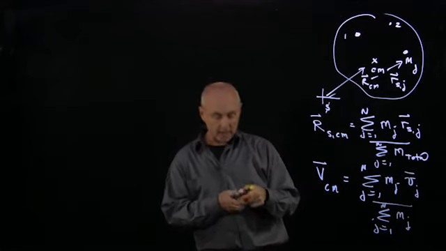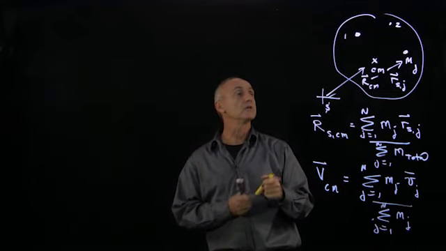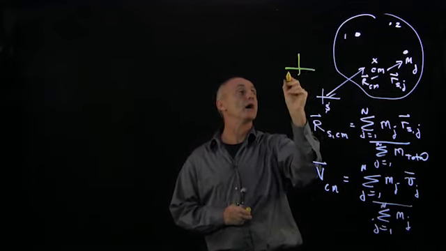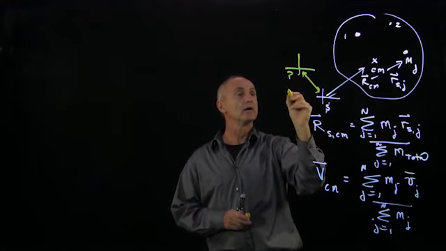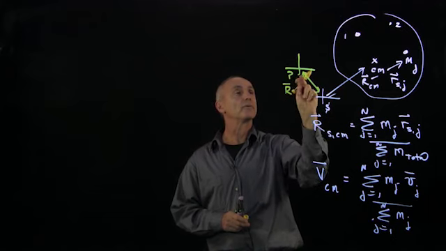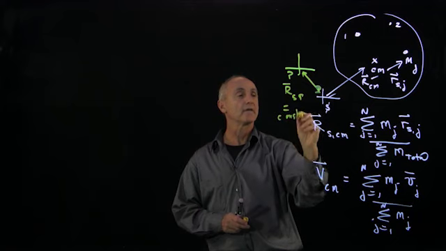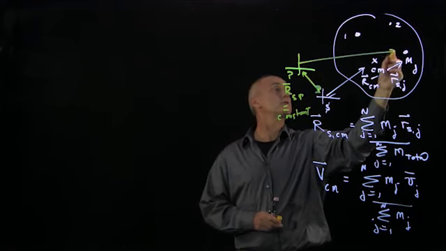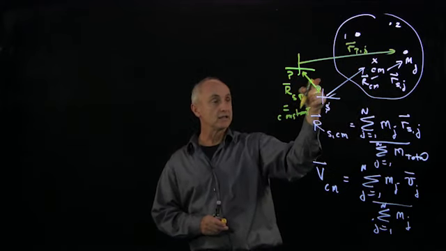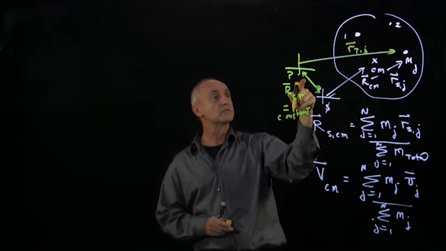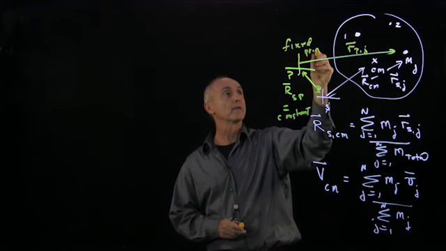Because if you have any two fixed points, so if I chose another fixed point, say over here, p, then this distance, we'll call a vector from s to p, r_sp, this is a constant. And if I draw the position vector with respect to p, the point here is that this is a constant distance because these are fixed points.